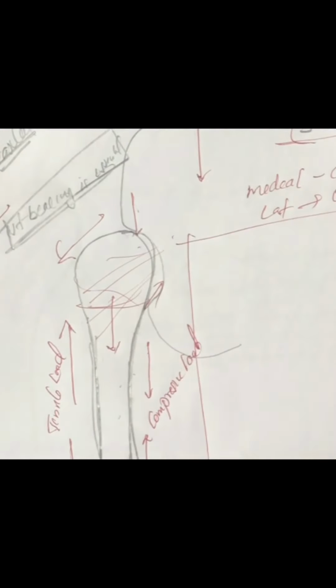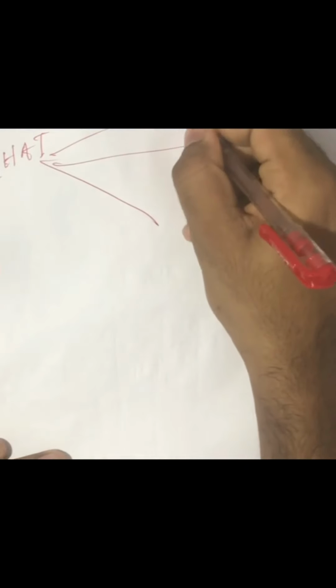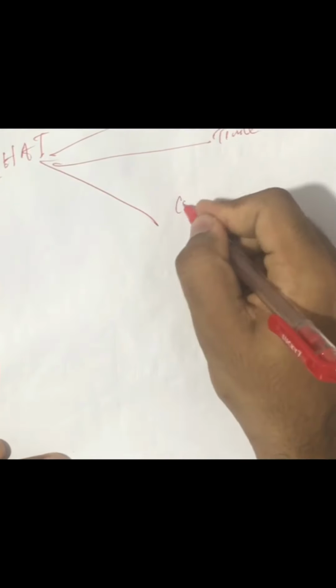So these are the mechanisms that we have discussed so far. If we try to summarize, first, there is half the weight of HAT acting, that will produce a ground reaction force, a tensile force, a compressive force. This has to be balanced.